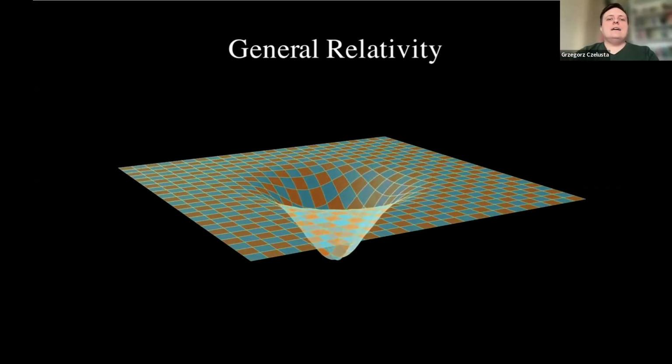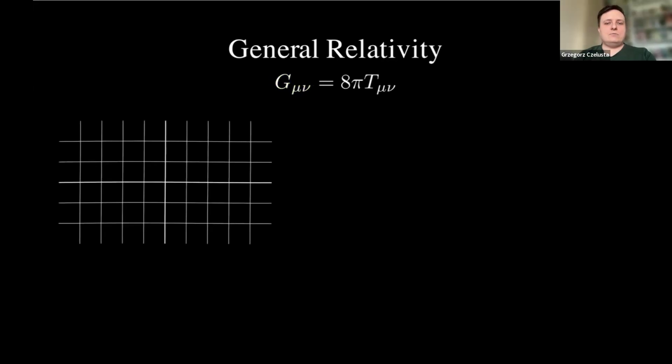The Einstein equations relate the geometry of spacetime to the distribution of matter and energy, and in a very compressed form, we can say that matter tells spacetime how to curve, and spacetime tells matter how to move. However, general relativity also comes with deep conceptual problems. One of them is singularities.